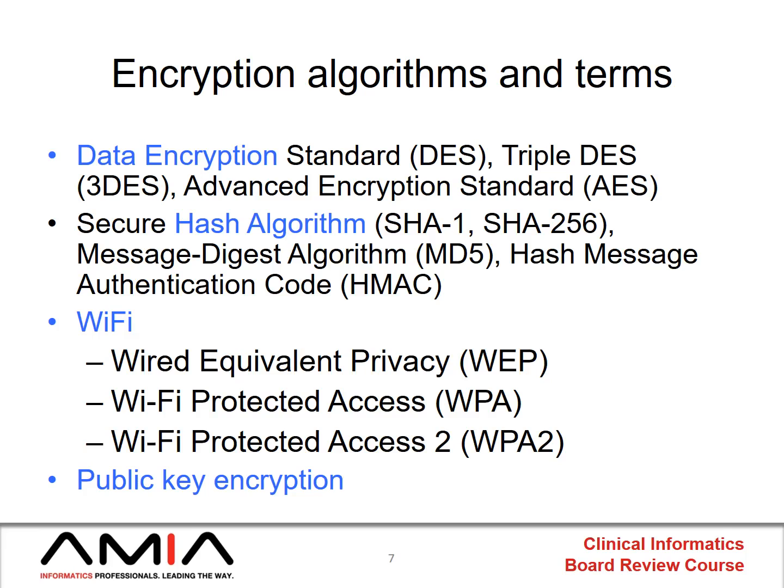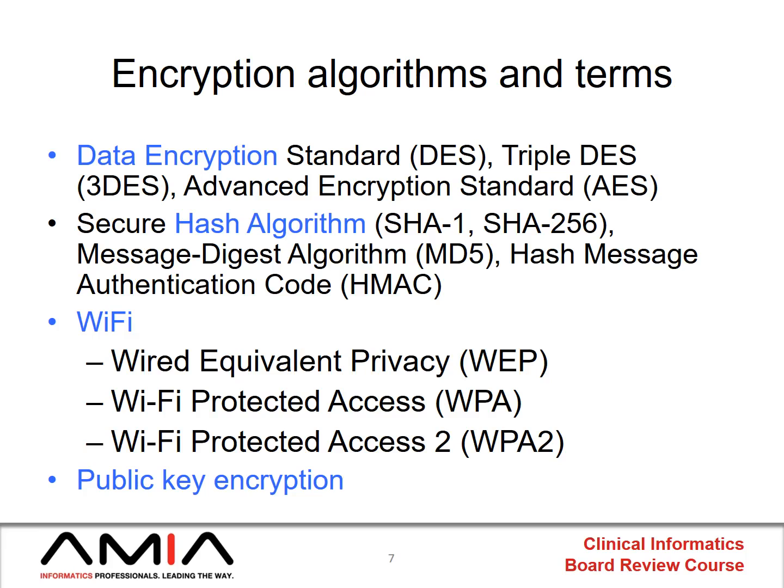A hash is an algorithm that comes from the computer science domain, takes input from some source and converts it into something that is less comprehensible. In this case, a secure hash algorithm can be used for encryption, and you can see abbreviations there listed for a variety of commonly used secure hash techniques.